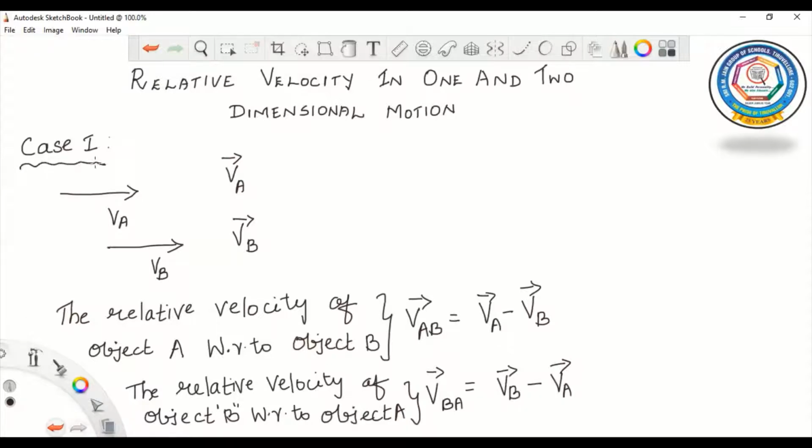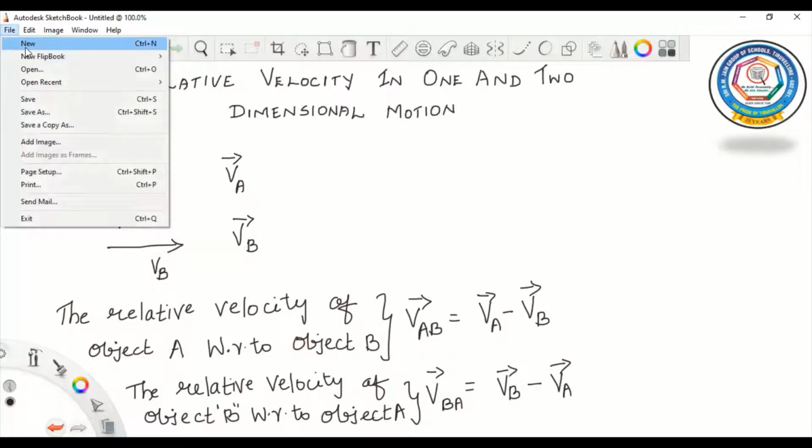Now, let us go to the second case. In the second case, we are going to consider two objects A and B moving with uniform velocities along the same straight tracks but in the opposite direction.